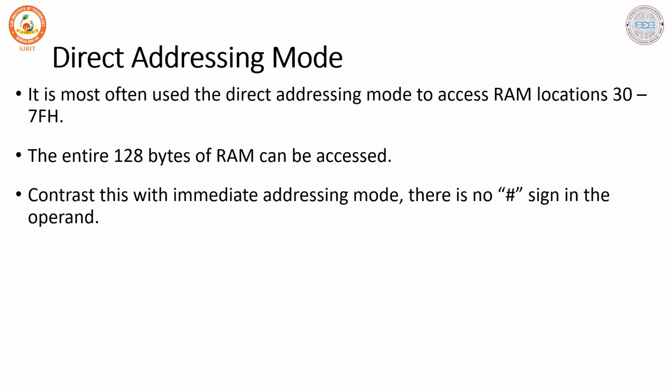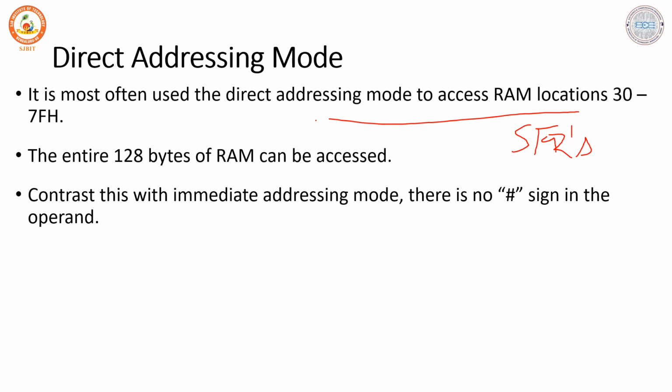So all the internal RAM and 8-bit registers, that is the special function registers, SFRs, as we call them, all these I can make use of as an address field.